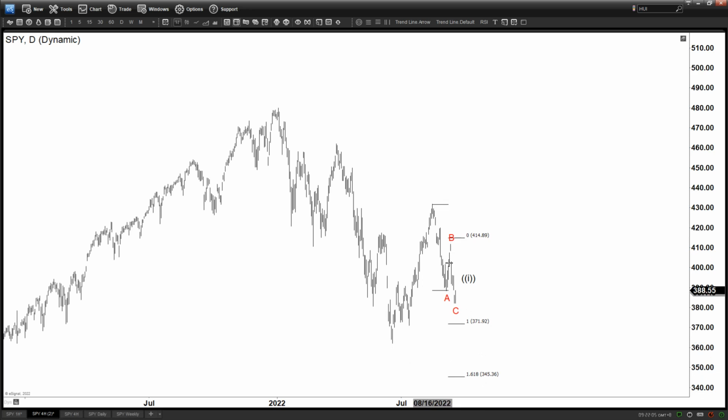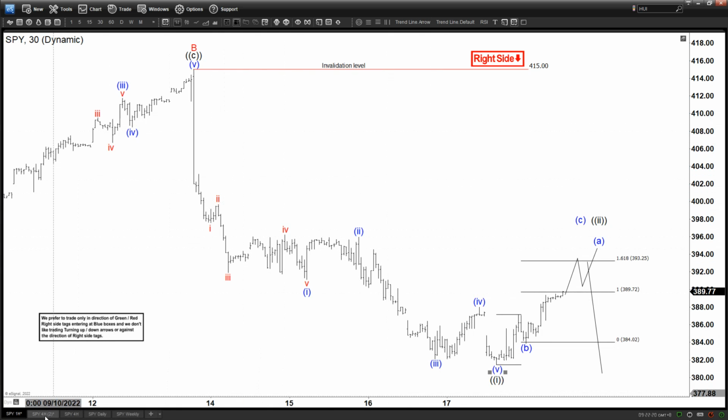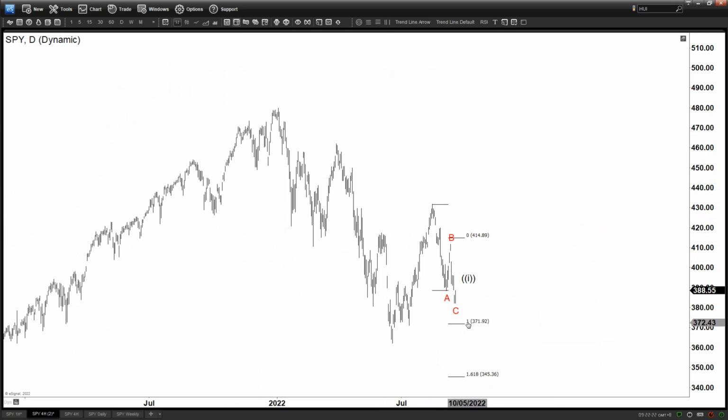But until it breaks below here, we can continue to get choppy and sideways. For the time being, if our focus is just the short term, then we're focusing on this cycle from the peak, which is basically a lower low ABC. From here it looks to have an incomplete target on the downside, which is 372, where the third leg is equal to the first leg.